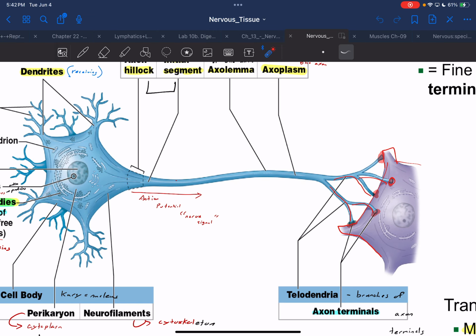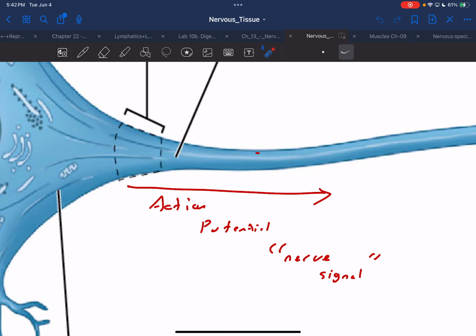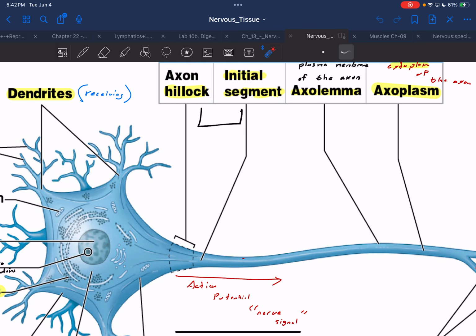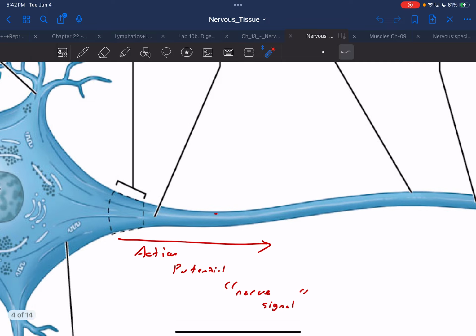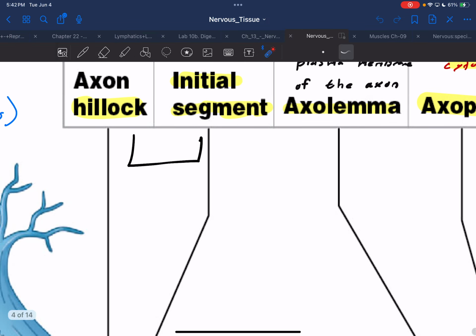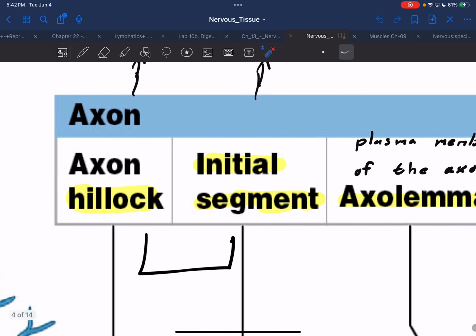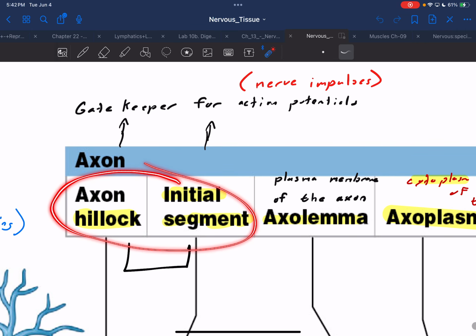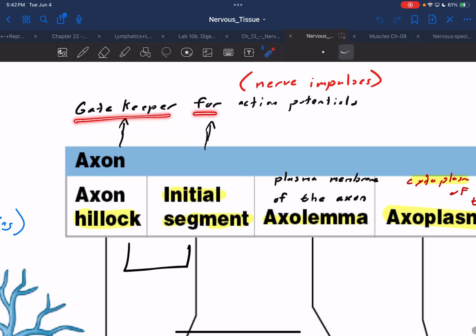Now, with this in mind, the axon has some components. When you look at the axon, it has the beginning of the axon. This is going to be called the axon hillock. And then the segment that follows that axon hillock is going to be the initial segment. And these two regions are going to serve as the gatekeeper for action potentials.